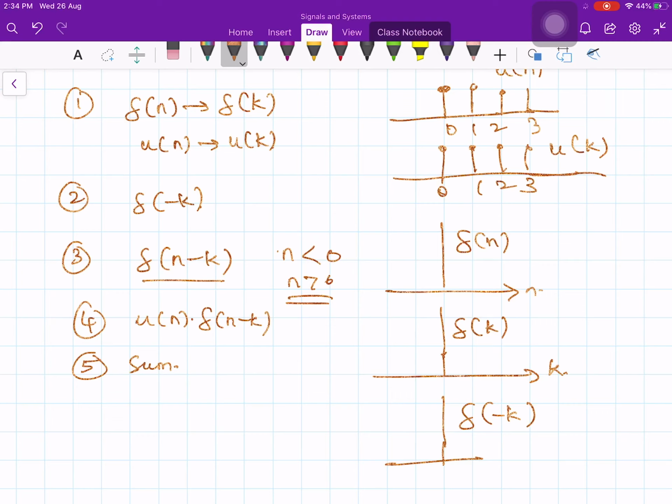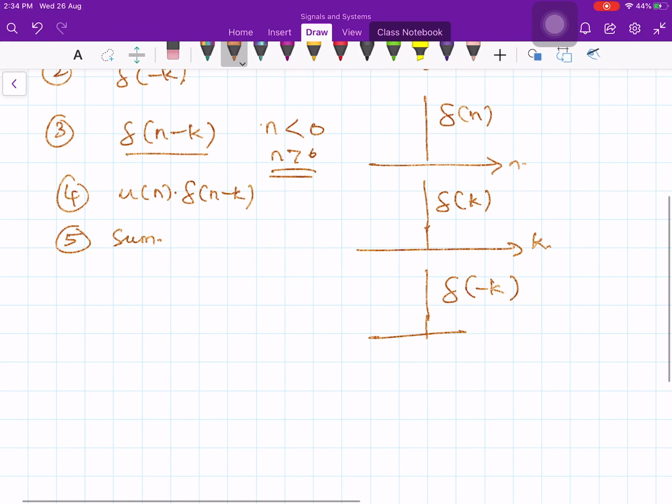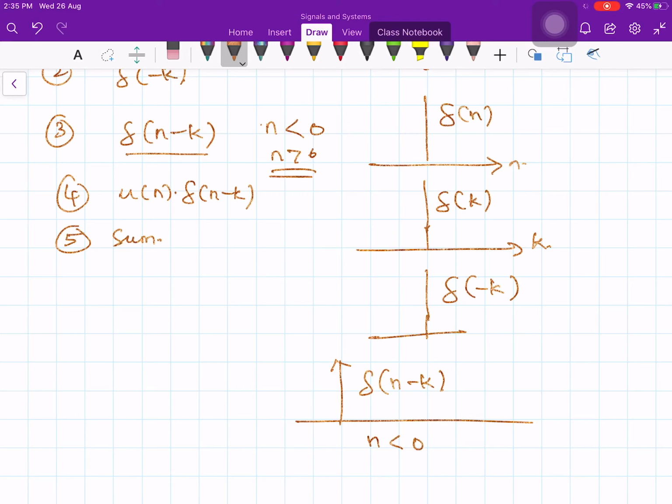Now shift by n units. When n is negative, then it is sitting somewhere else. This is delta of n minus k, where n is less than 0. This point is 0, minus 1, and so on, let's say n, and this n is negative.